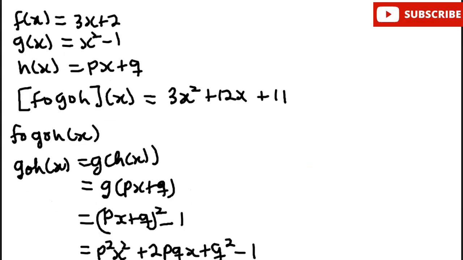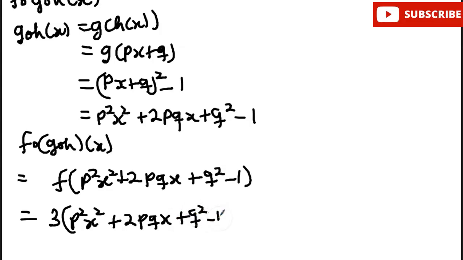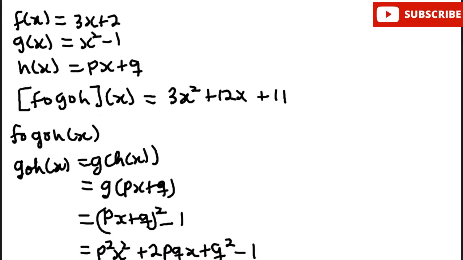So we go back to f of x, which is 3 into bracket p squared x squared plus 2pqx plus q squared minus 1, plus 2. That is, f of x is 3x plus 2.